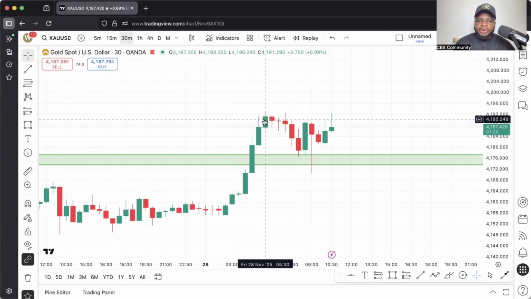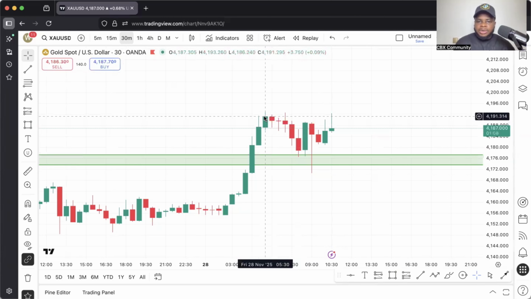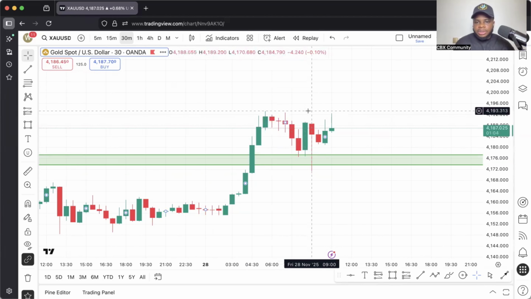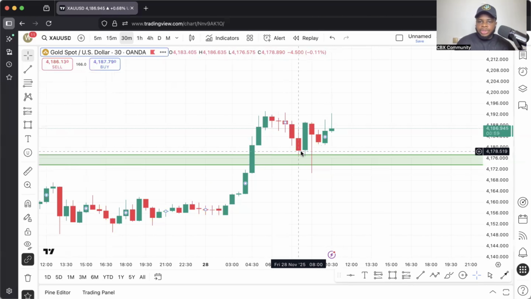After the break of this high, the rest of the candles are just printing side by side. This candle also came back down to close with a bearish candle and a bullish candle to form a recent support. Then this candle over here closed with a bullish candle and a bearish candle to form a resistance zone over here. So that means from this resistance zone down to this support zone is being considered as a consolidation zone.